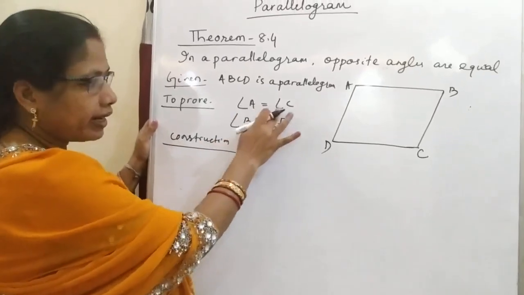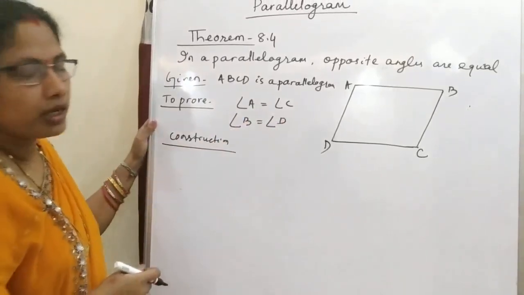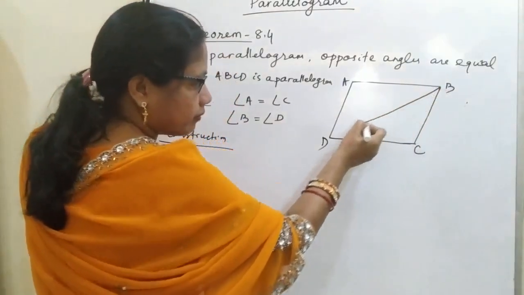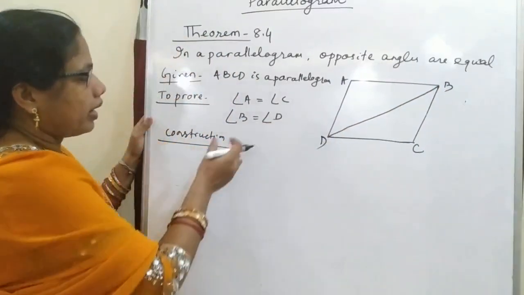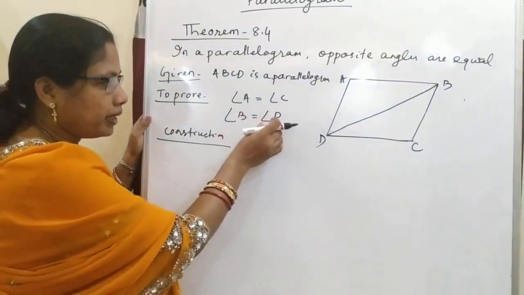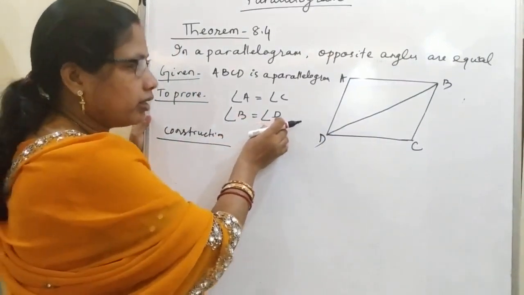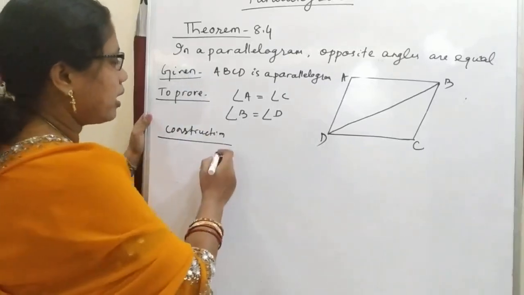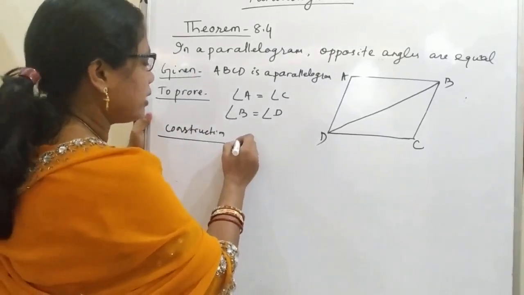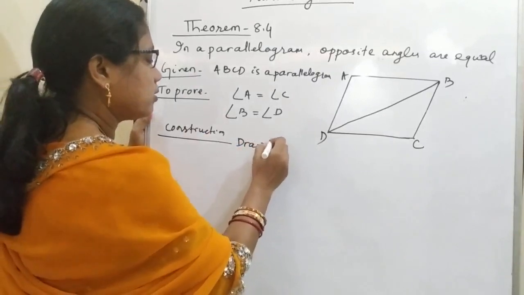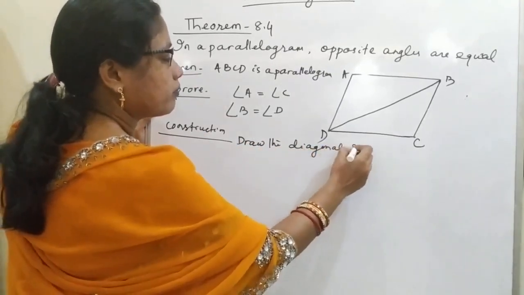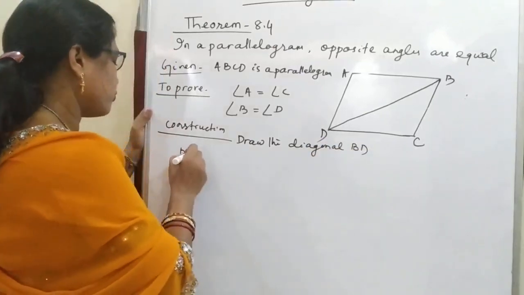To prove angle A is equal to angle C, we have to draw the diagonal BD. And again, to prove angle B is equal to angle D, we have to draw the diagonal AC. So here I have drawn the diagonal BD. Then proof.